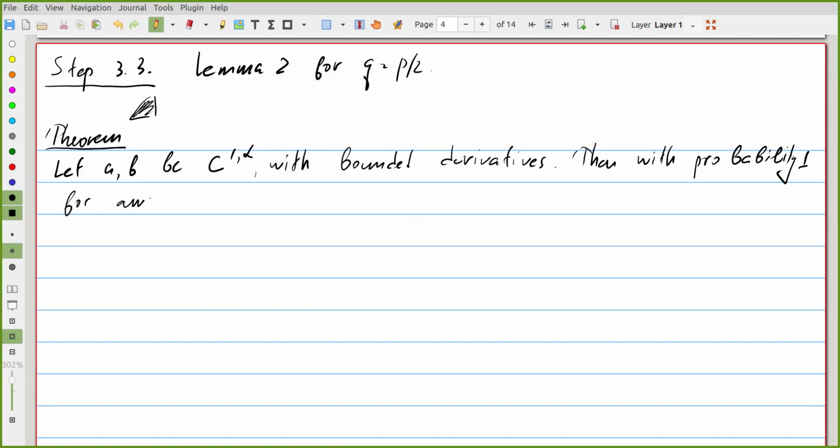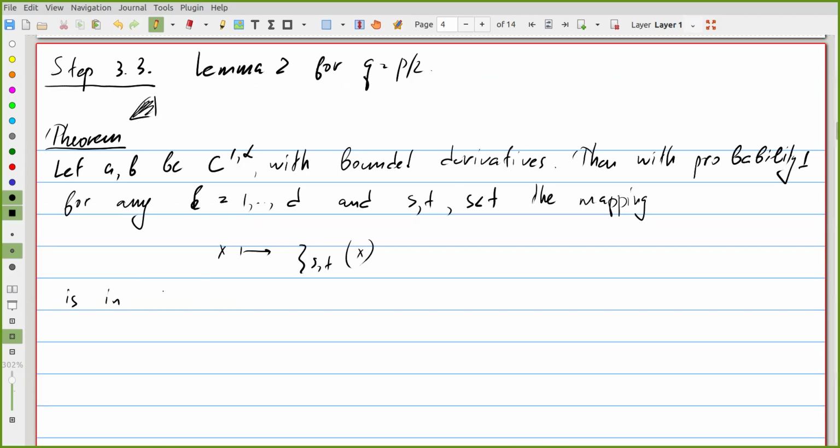For any k living in the set of indexes up to our dimension, and s, t, the mapping x is in C^{1,β} for any β less than α locally.